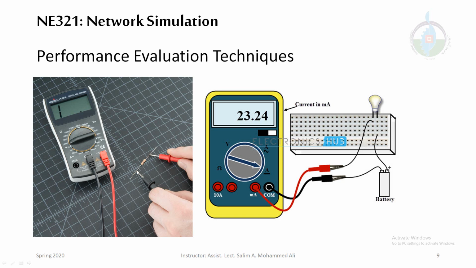You will probably use the color code to know the measurement, but the color code will not give you the exact resistance of this item. You will probably use a multimeter to do so. But think about this: the multimeter itself has a resistance, which they call internal resistance. So this multimeter is a resistance as well.